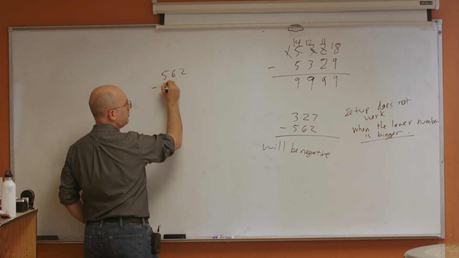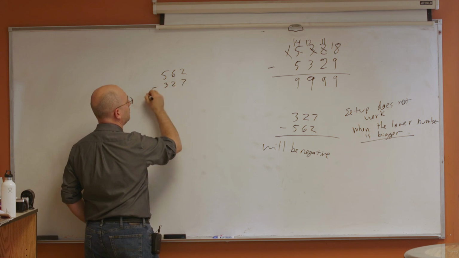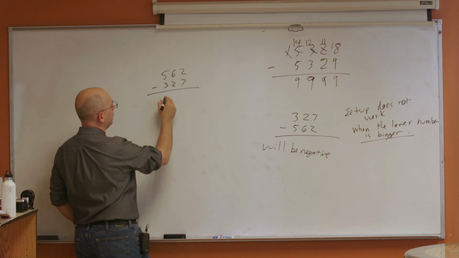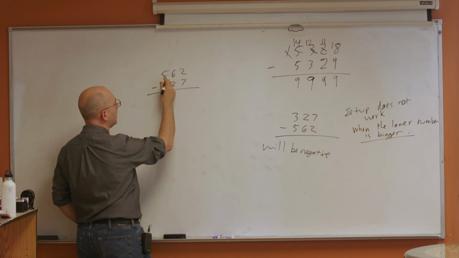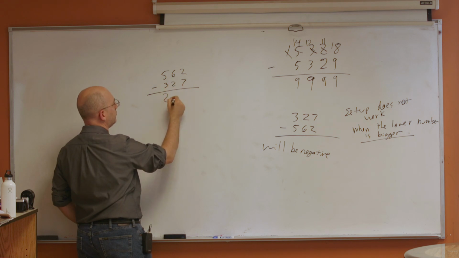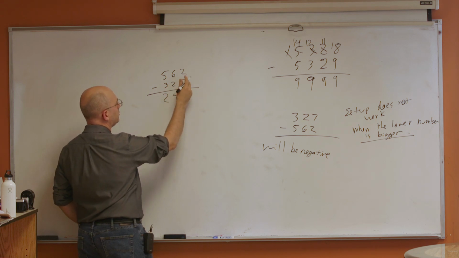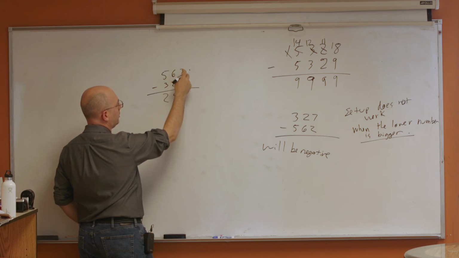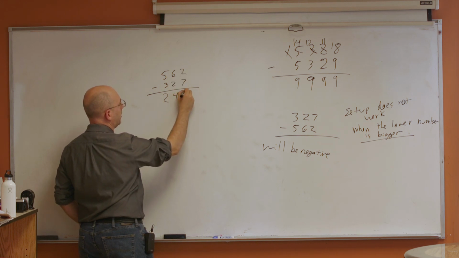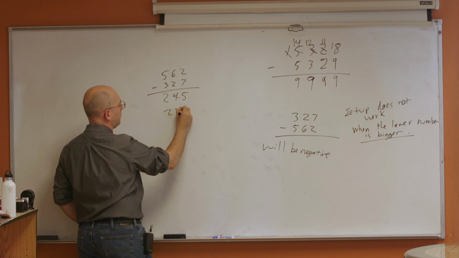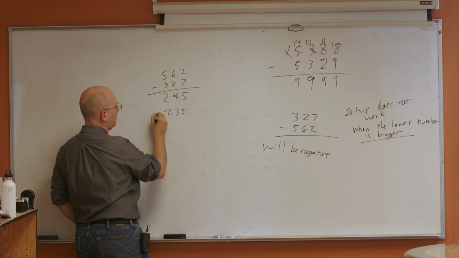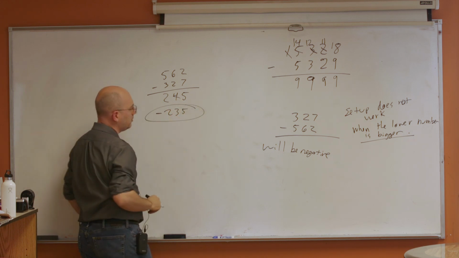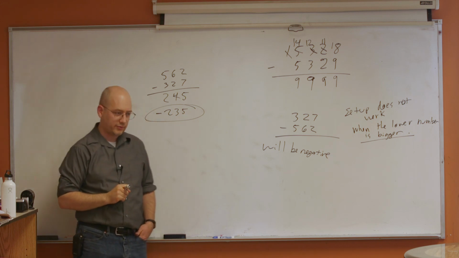So 562 minus 327. And now I do whatever I want to do. 5 minus 3 is 2. 6 minus 2 is 4. 2 minus 7, well, replace the 7 with a 3. 3 plus 2, 5, slash it, 235. And remember the negative, minus 235.